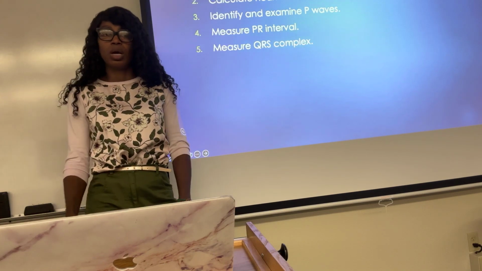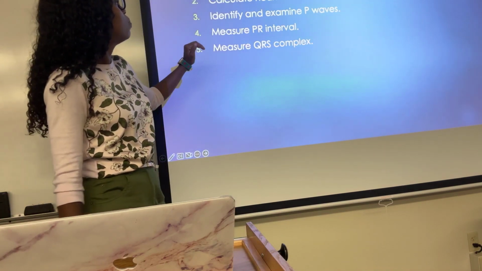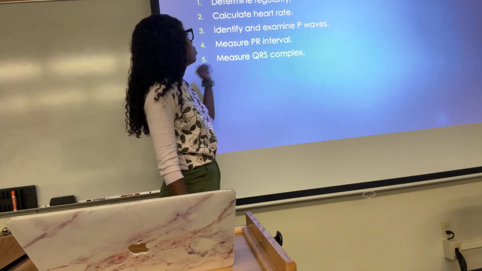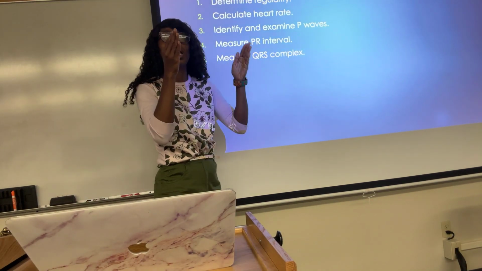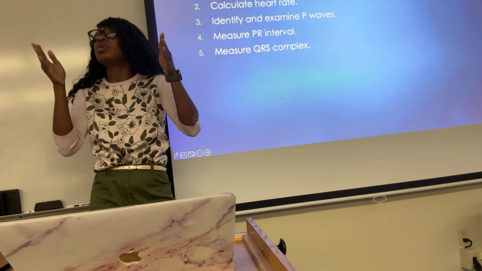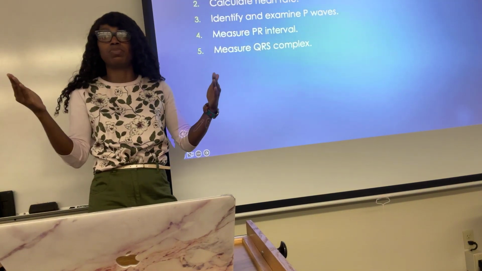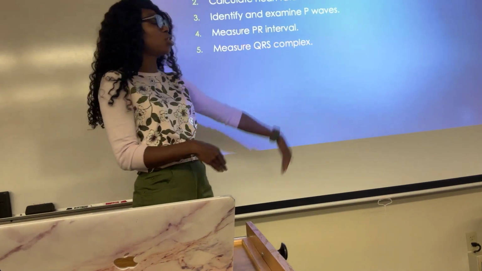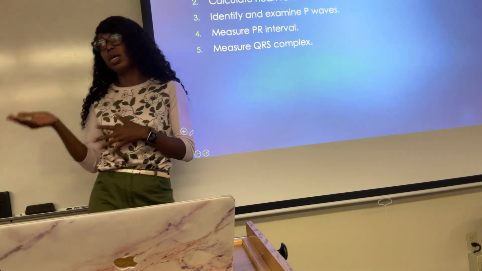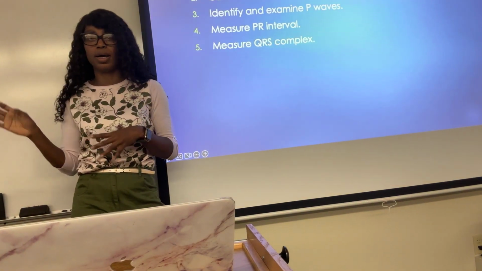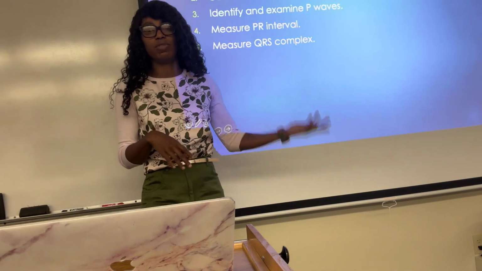The atrium. Okay, so we're going to look at the P wave. Then we're going to measure the PR interval. That would tell us what's happening with the P, to let us know if it's a P problem, an atrium problem. Then we measure the QRS interval. And if that looks wonky or different or weird, then we know it's a ventricular problem.